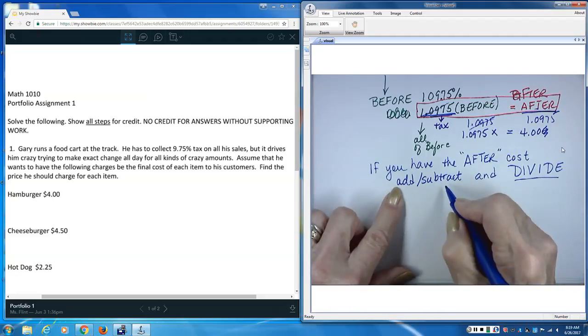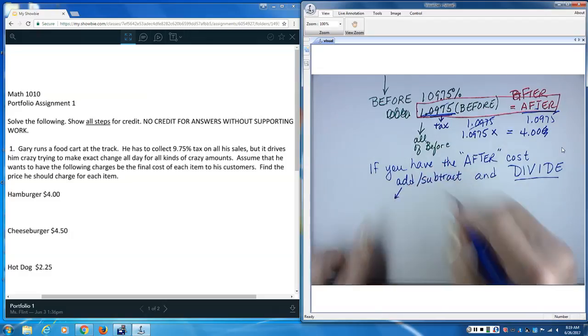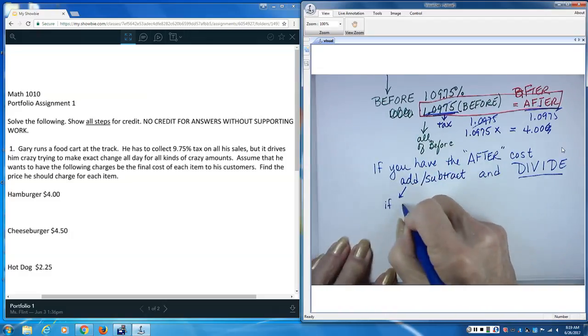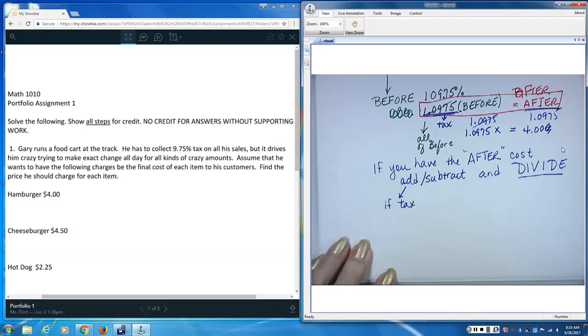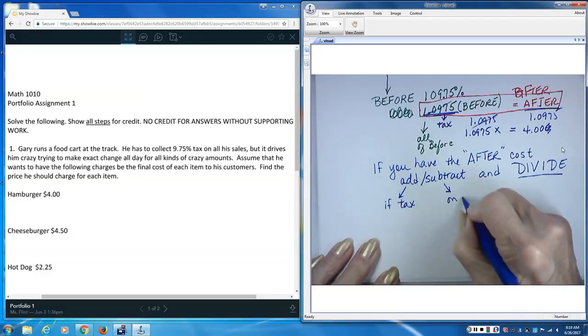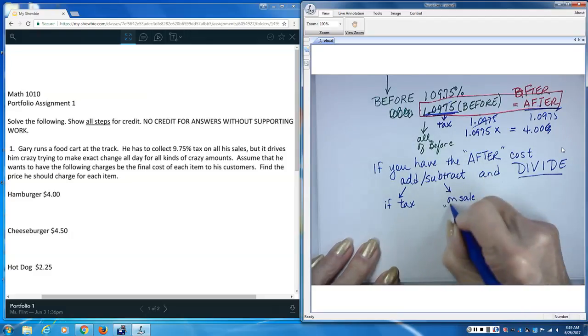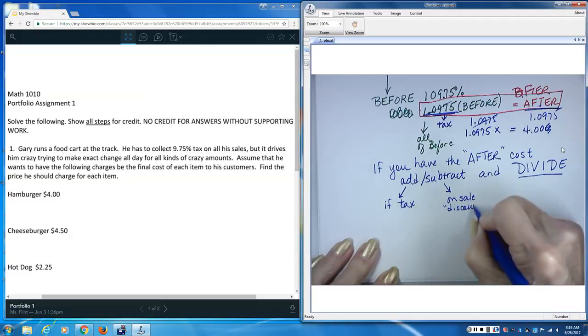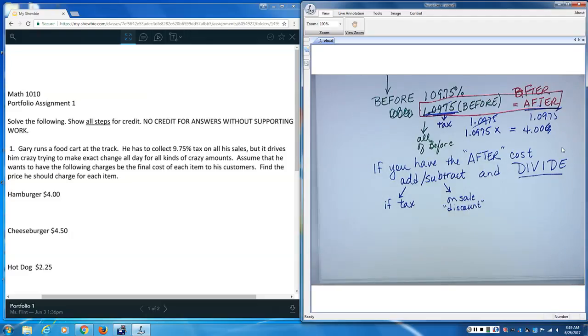Now, the reason I said add or subtract here, you add the percent if it's tax, if they're adding an amount to get your after cost. If something's on sale, then you would subtract it from 1 rather than add it to 1, because they're actually taking money off, which is like the Amazon problem that I told you, that they had it on sale for $59.99, and that was a certain percentage discount.